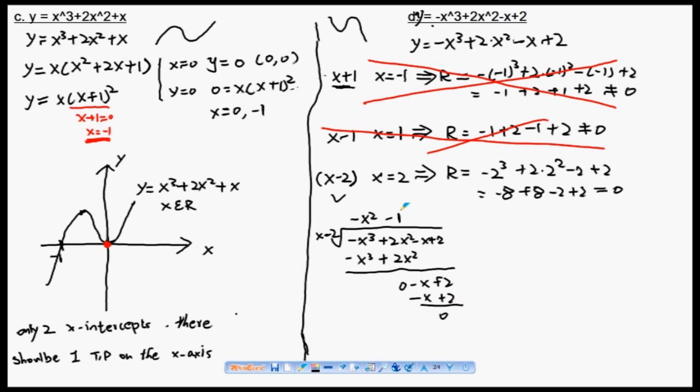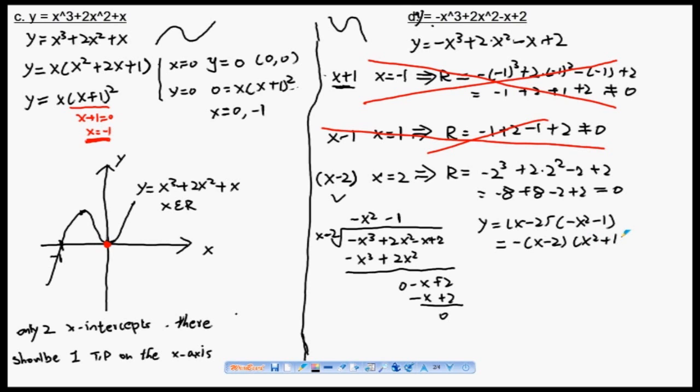So y equals x minus 2 bracket times minus x squared minus 1, and we take the minus out from the second bracket. I will have x minus 2 times x squared plus 1.